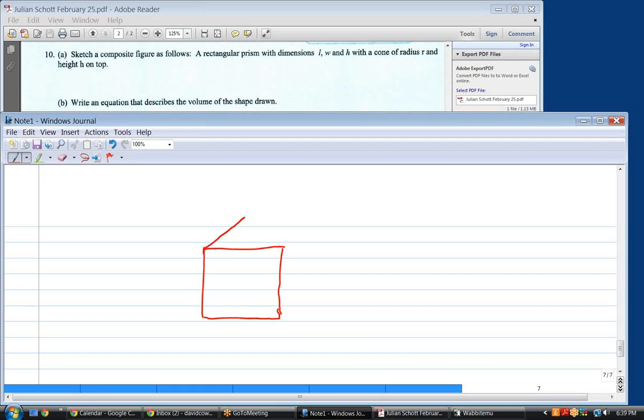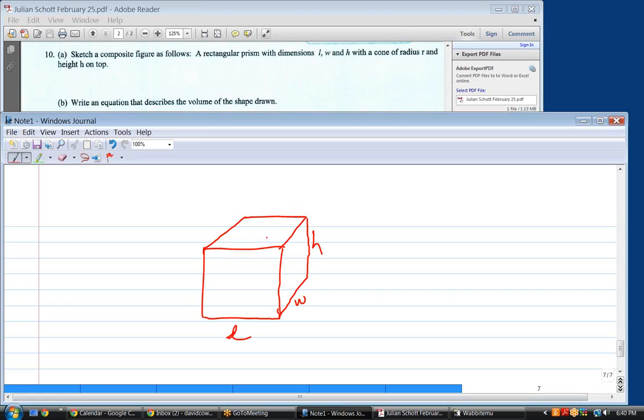Why am I going to make it a cube? In other words, I can make it any rectangular brick. This is L. This is W. And that's H. And it says now put a cone with radius R and height H on top.